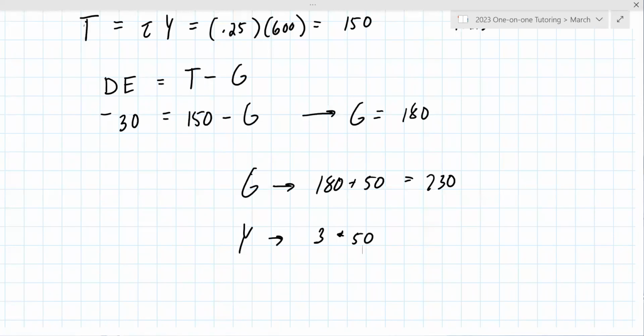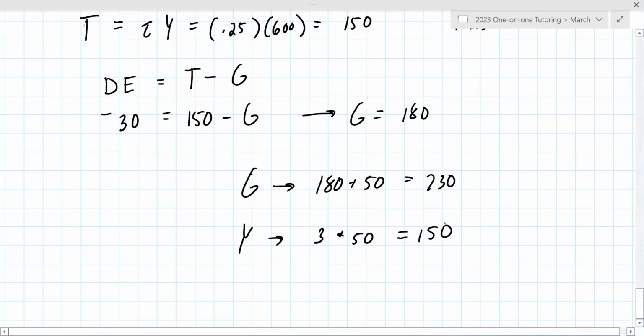I guess government spending is 50, and 3 times 50 is 150. It's the amount of marginal increase in output induced by a marginal increase in government spending by 1. Oh, because we increased it by 50, we multiply the 50 by 3 because of the multiplier.